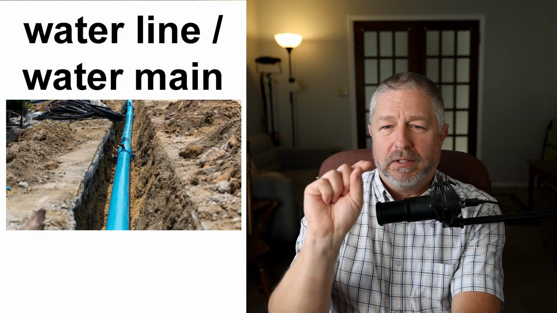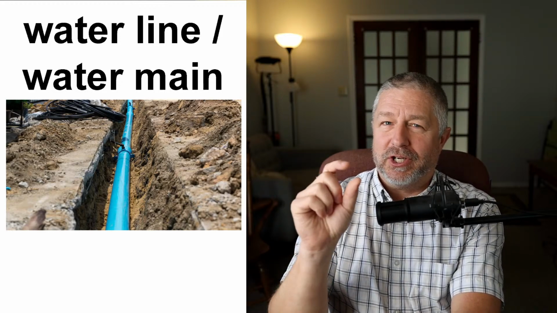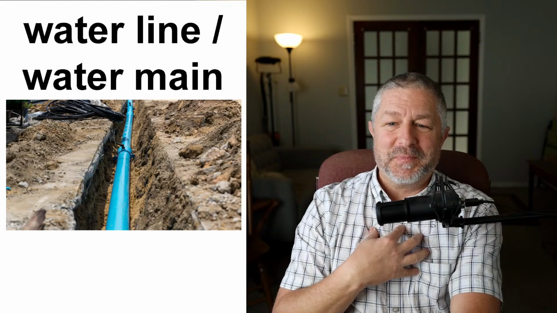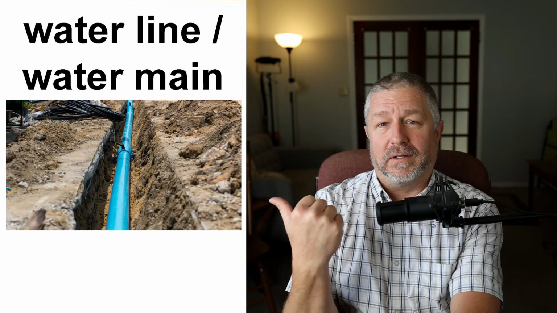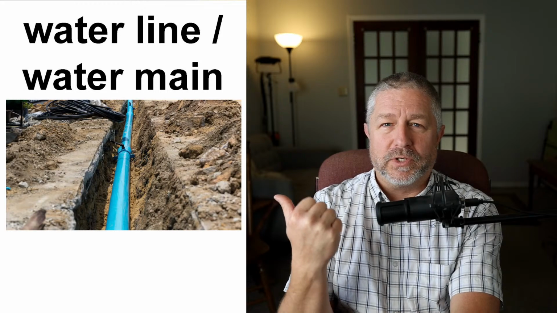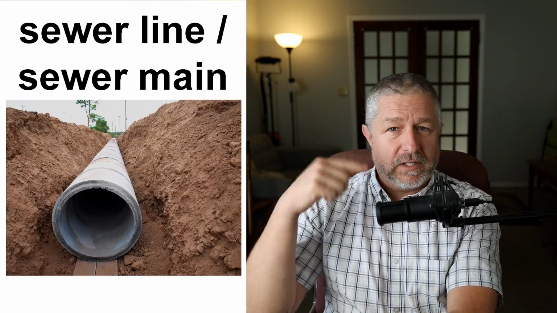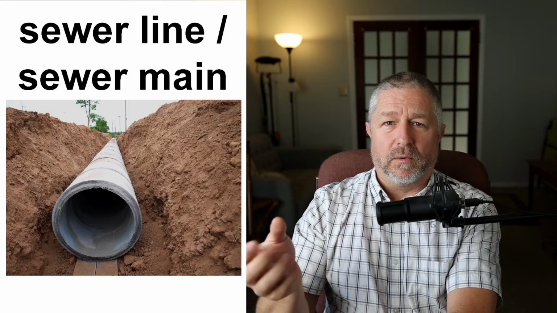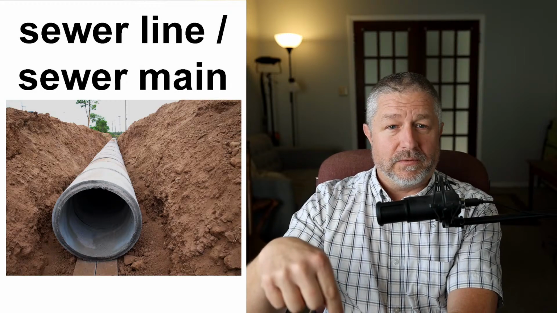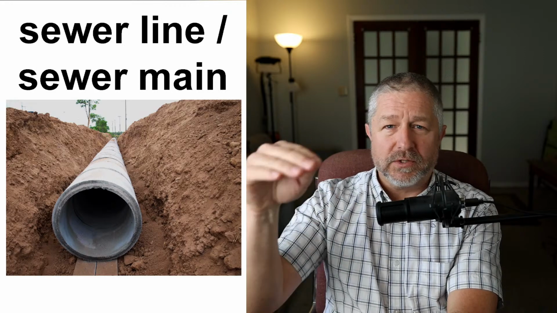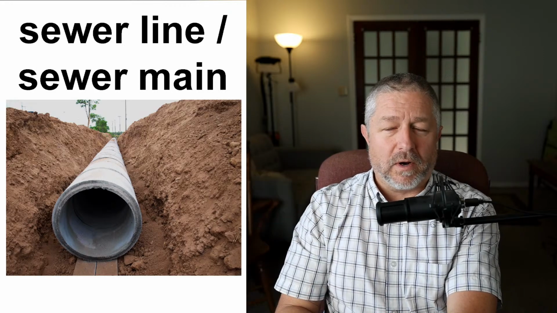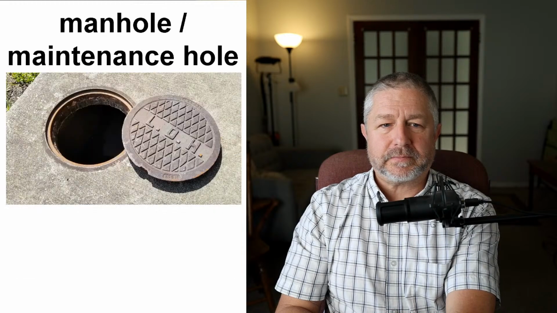Now, we do use these terms interchangeably because we're not all experts, but when water comes to your house, it comes through a water line or water main, which are pipes. When water leaves your house, when you flush the toilet or when water goes down the drain, it goes through a sewer line to a sewer main, and it goes off to the wastewater treatment plant.